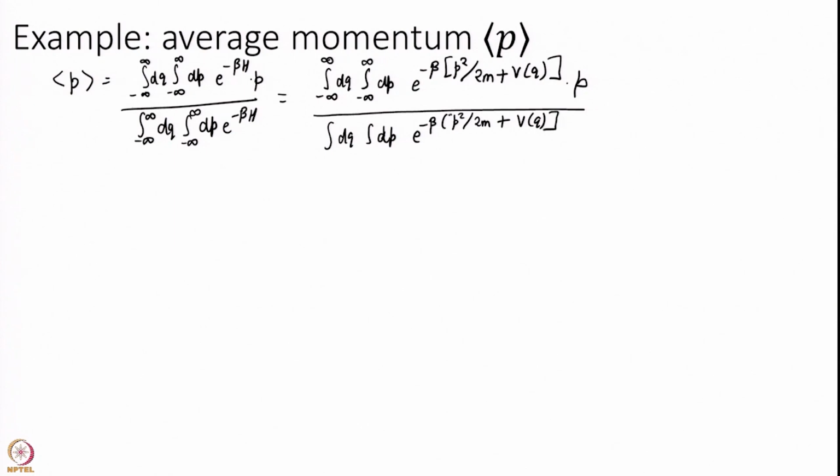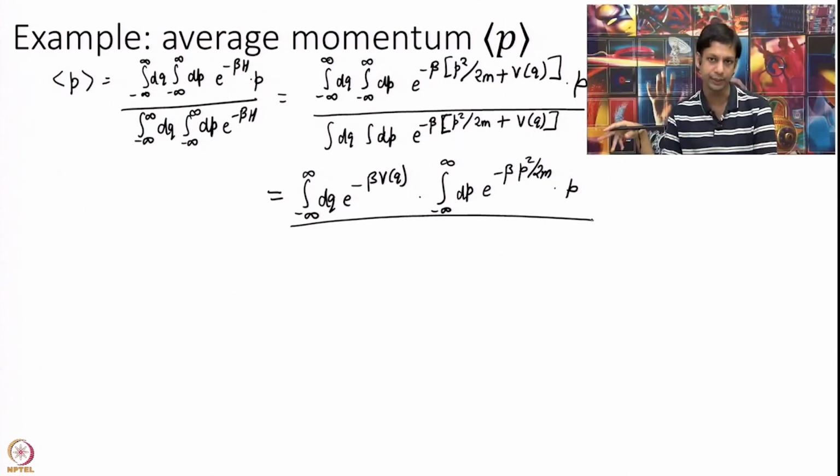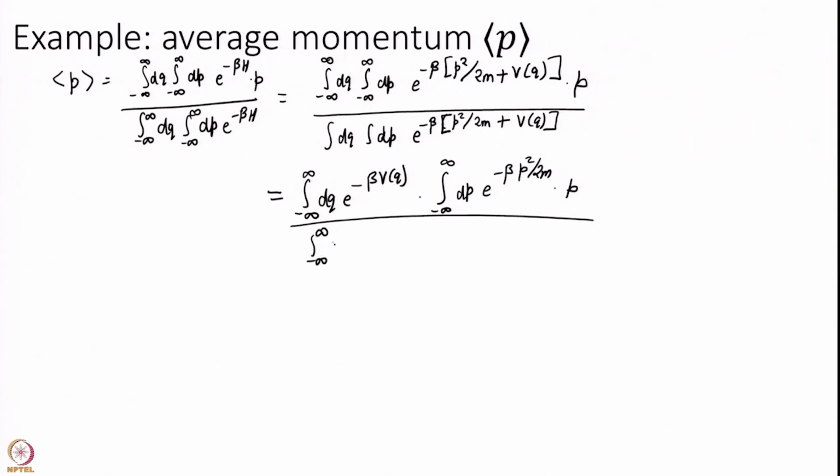So, we will open this exponential and note that this is equal to, so I have taken the part that is dependent only on q into the integral of q only, and the part that is dependent on p only into the integral of p, and in the denominator I do the same.